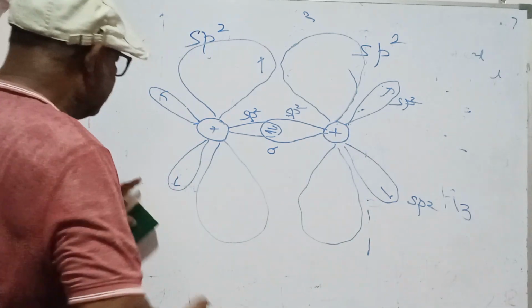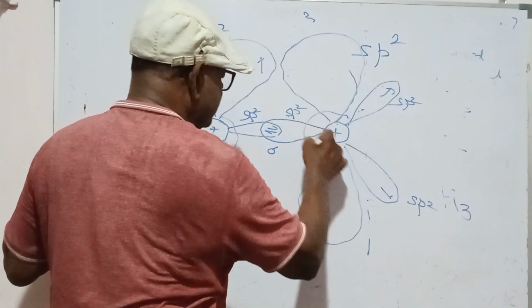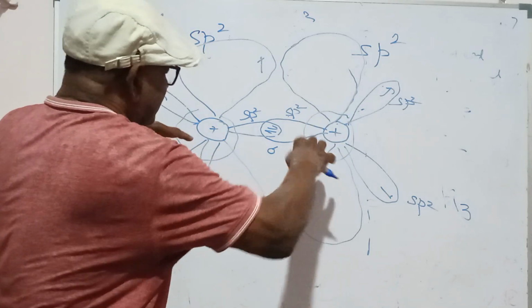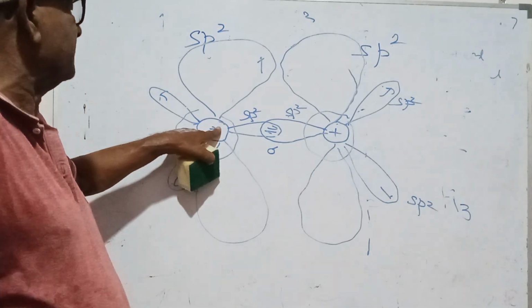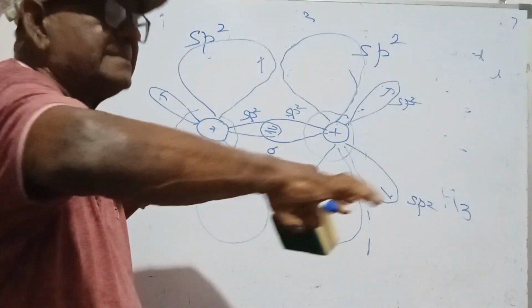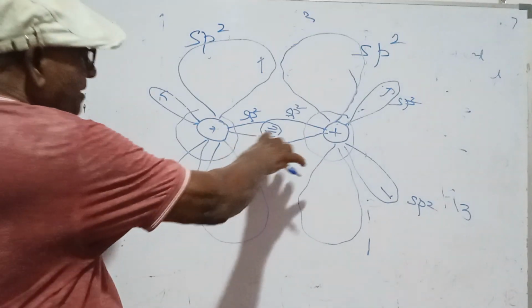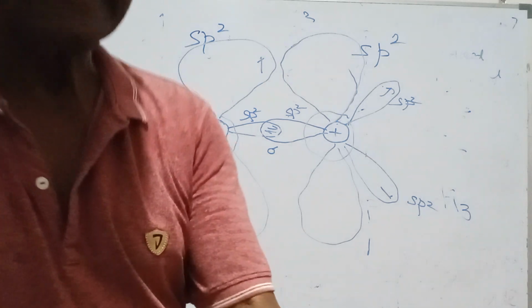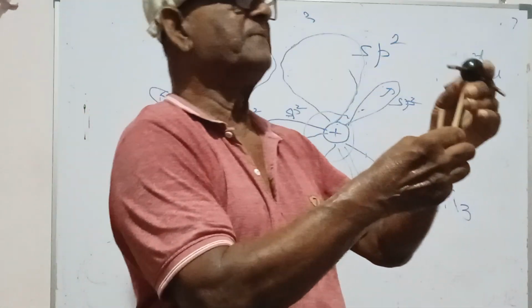Then these three are in the same plane. These three are in the same plane. These three are also in the same plane. The two carbon atoms in the same plane are joined with a sigma covalent bond. These two carbon atoms have all the orbitals in the same plane. This bond is also formed in the same plane. Then, when they join in the same plane, see here, this is one carbon atom.